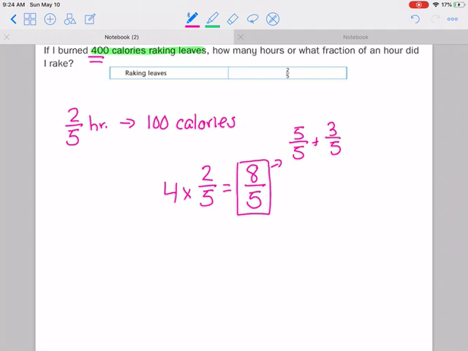That would give us that 8/5. So this is my thinking bubble. Imagine I'm thinking that in my head. So now this is going to turn into 1 3/5. So to burn 400 calories, it does take over an hour. It takes 1 hour and 3/5 of another hour to burn 400 calories raking leaves.